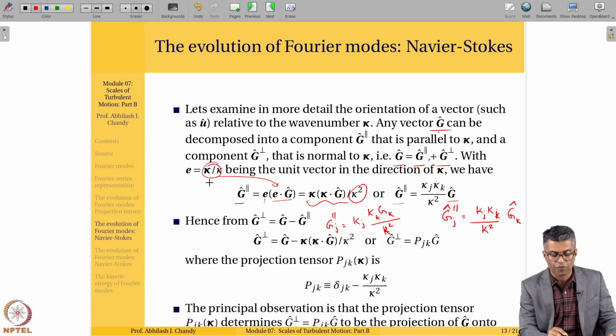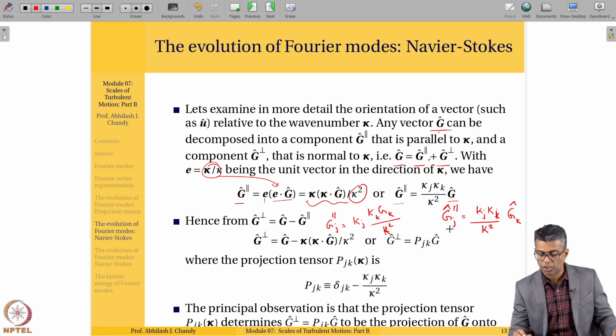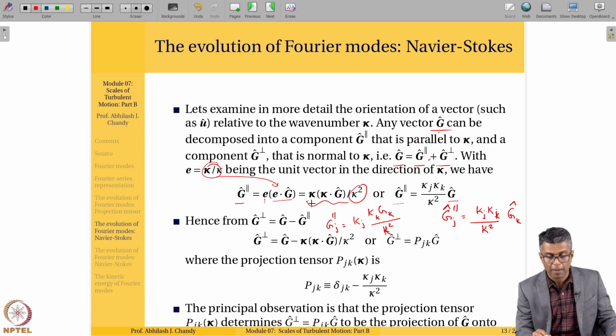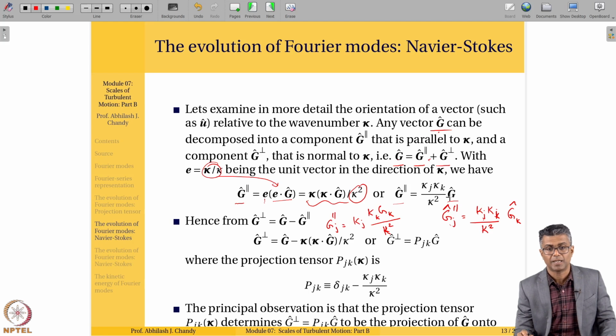So if you substitute E for kappa over kappa magnitude, then you'll have kappa dot g divided by kappa squared, which means in index notation that would be gj parallel is kappa j kappa k over kappa squared gk hat. Because what happens here is the dot product becomes kappa k gk, and the kappa outside becomes kappa j, which translates to gj on the left side. So you have g parallel is kappa j kappa k over kappa squared times g hat.